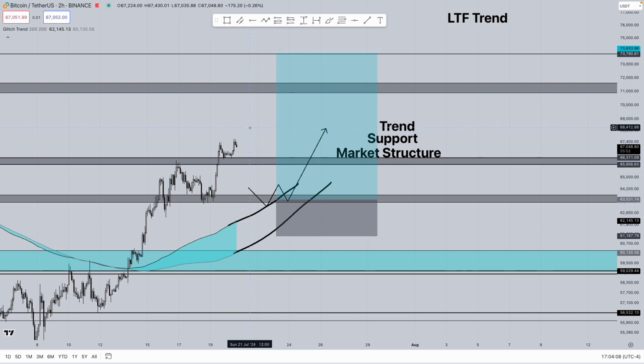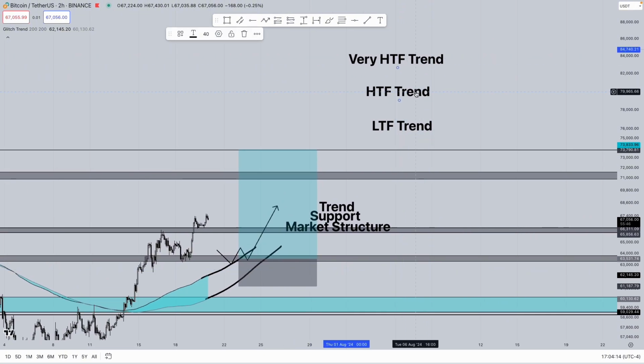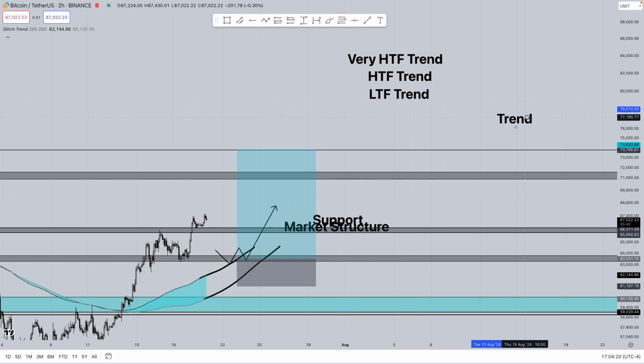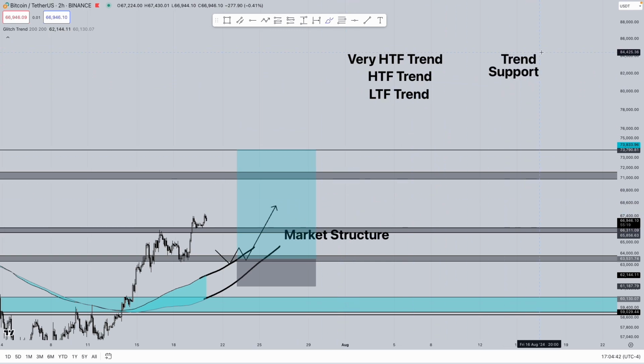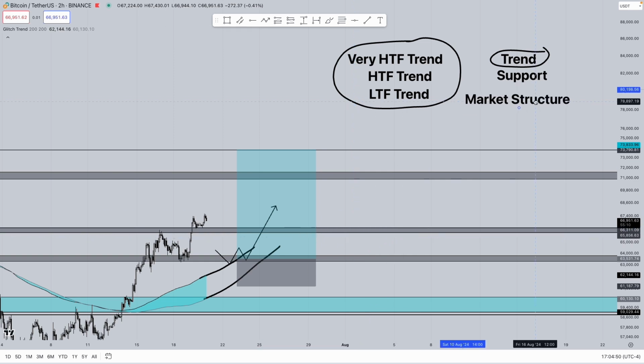So just to recap real quick, what you want to do is you want to identify very high time frame trend, high time frame trend, and then the low time frame trend. And then your triggers for your trade is simply identify the trend, which you did in this previous step over here. And then you want to have support and then market structure.